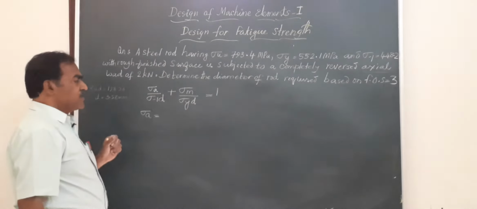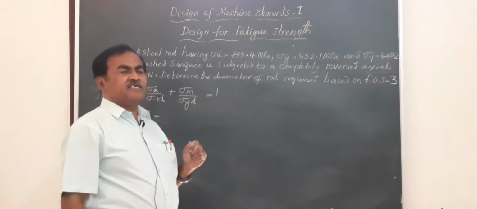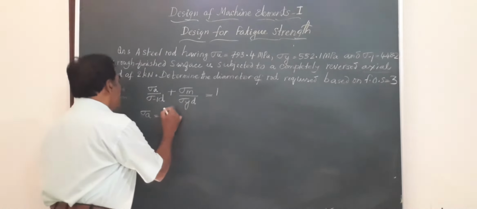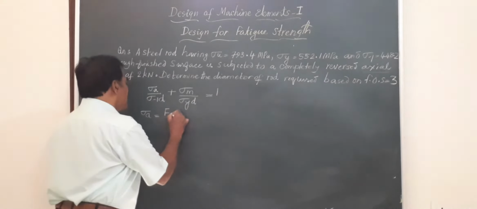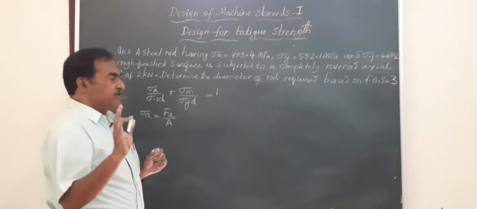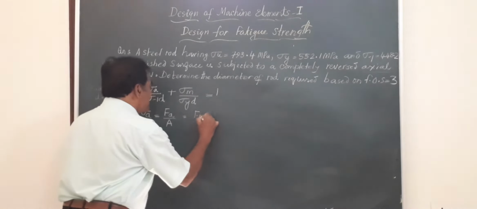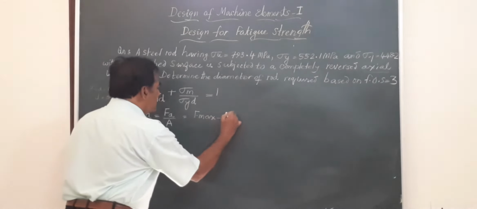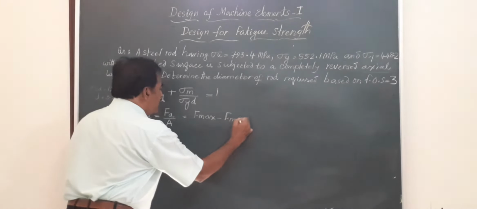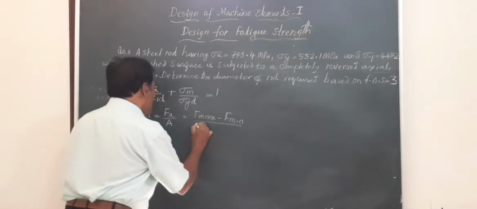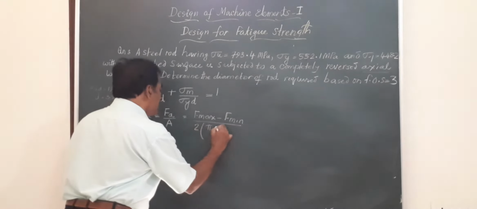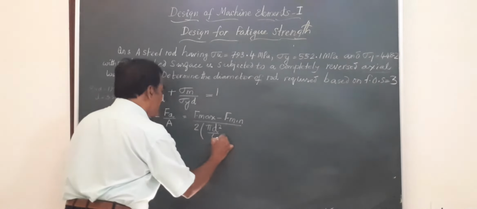Friends, I told you sigma A is the stress amplitude, which is given by FA by A. FA stands for the load amplitude, which is equal to F maximum minus F minimum divided by 2, and this area is pi d square by 4.